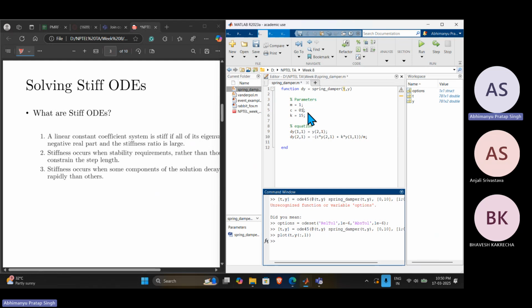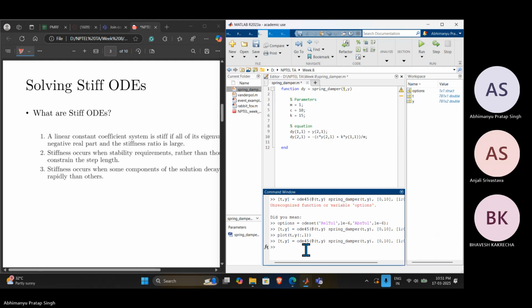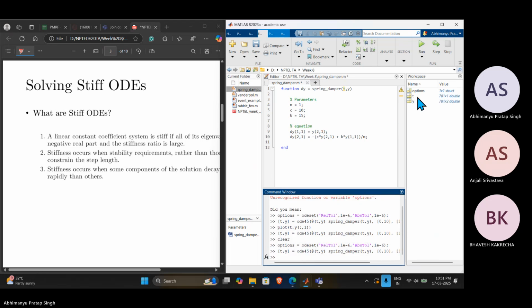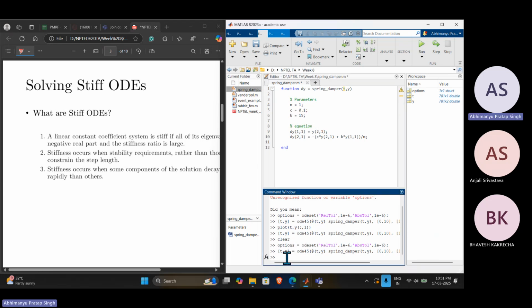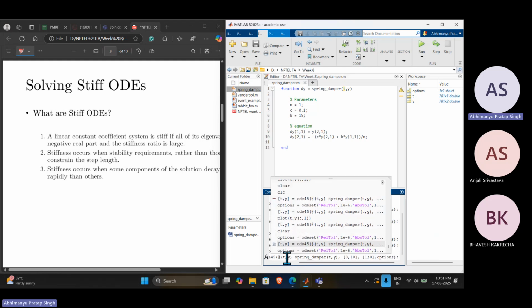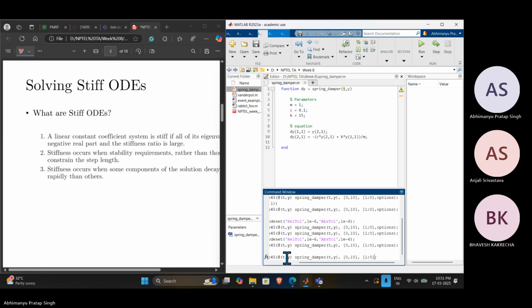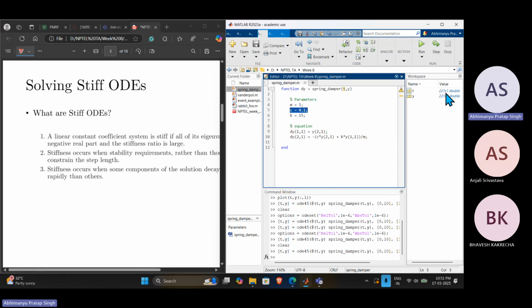If I increase this to like 10, and then I run this again, I get 781 time steps. And if I decrease this to 0.1, same. Yeah, so probably it's trying to meet the tolerances. Let us just remove that part. Yeah, so now for small damping values, it is only taking 221 steps.